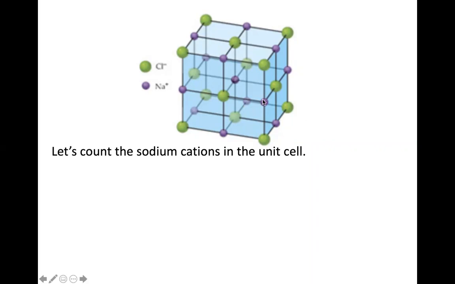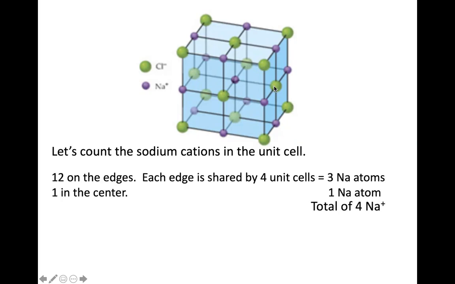I see that this one along the side right here, it must be partially in this unit cell, but then also in the neighboring ones as well. This is how I would do the math on that. Okay, I have 1 that is entirely in the center. It's entirely found within the unit cell.